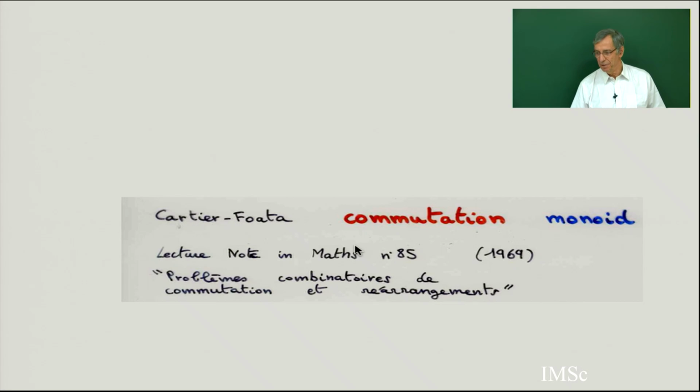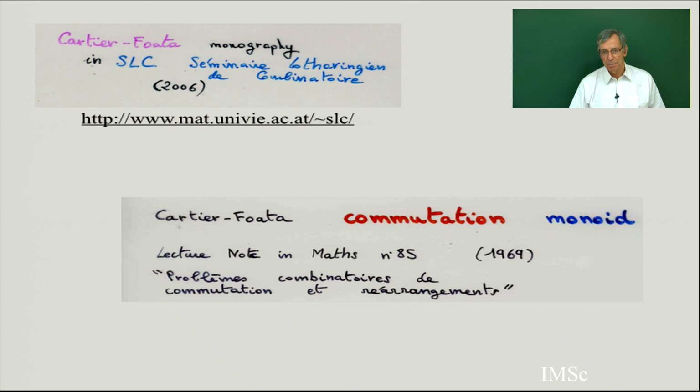This monograph is in French, but it has been republished in the Séminaire Lotharingien de Combinatoire. It's a seminar in Europe twice a year, and it's also an electronic journal. This is the website of the journal. And if you go to the homepage, you click on book, and you will get the Cartier-Foata monograph retyped in TeX.